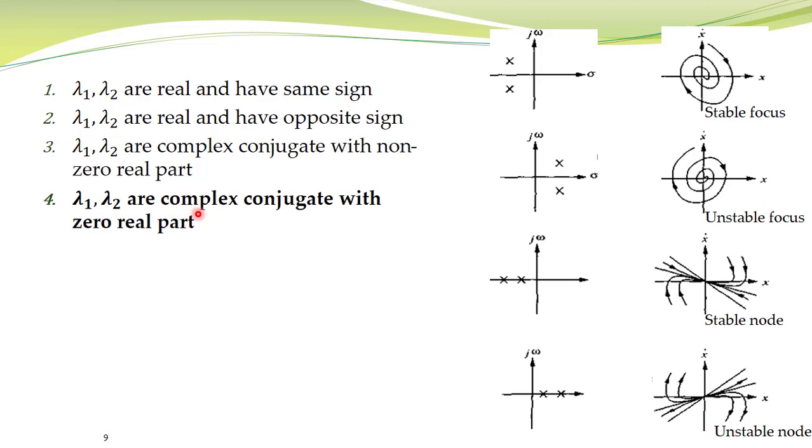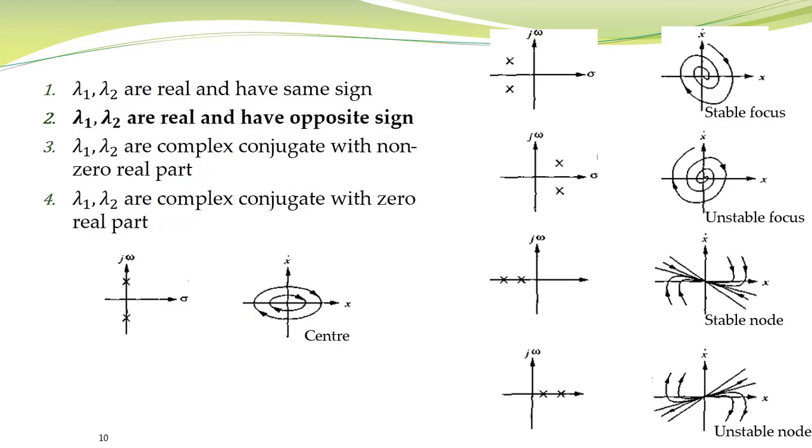Lambda 1 and lambda 2 are complex conjugate with zero real part. Oscillations, and this is the situation. What is phase portrait? Circles, as we have already sketched. So these are circles, and such kind of phase portrait will be called center, right?